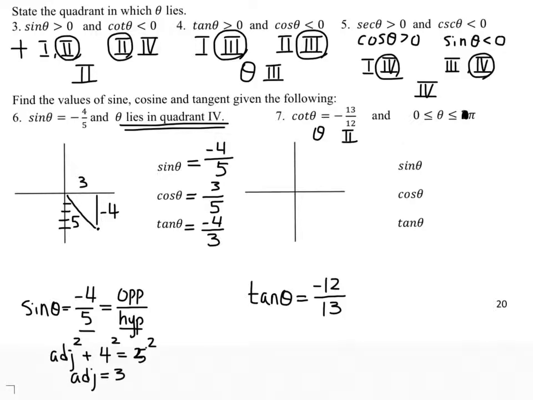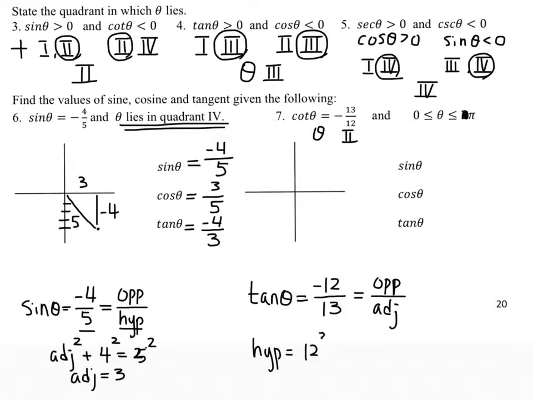So for tangent theta equals negative 12 over 13, that means opposite over adjacent is going to be negative 12 over 13. So what is the hypotenuse in this case? What's the hypotenuse?